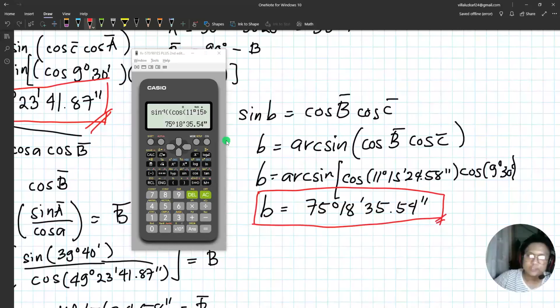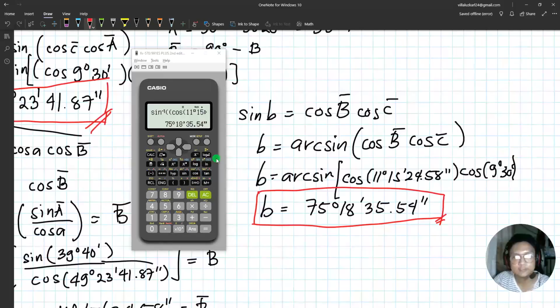There's a slight difference in decimals in the seconds value, but when you convert to decimals and compare your answers in the Sin-Tad and Sin-Coop solutions, they are almost the same. So that's how you solve a right spherical triangle.